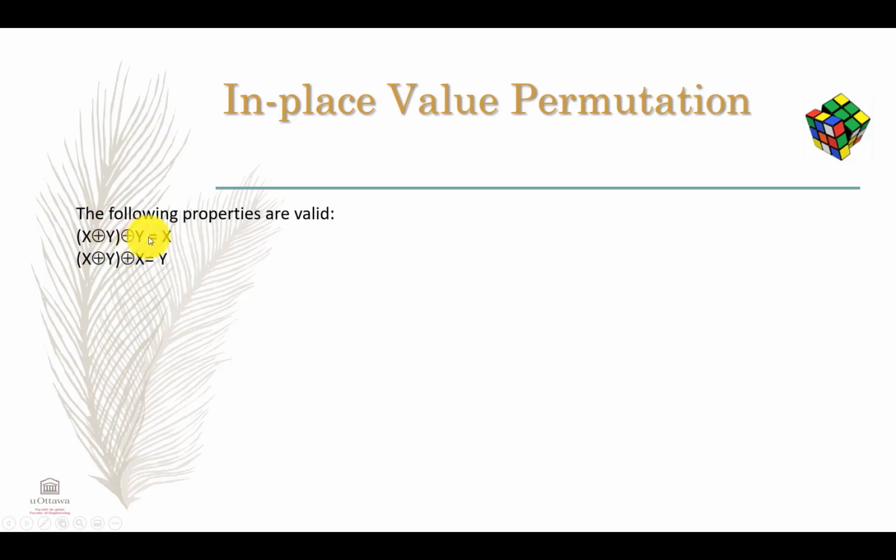I'm gonna get x. And if I XOR x with y and then XOR the result with x, I'm gonna get y. You know why? Guys, remember that the exclusive OR is an inequality. So here, when I exclusive the resultant with y, basically I'm gonna remove y from any component of that term.